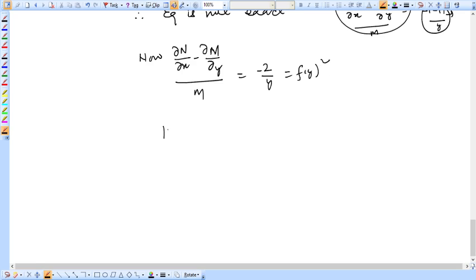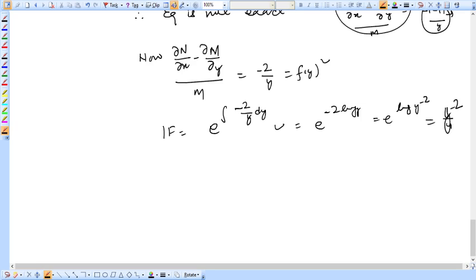Therefore the integrating factor is exponential of ∫(−2/y) dy, which is equal to exponential of −2 log y, which is exponential of log y raised to the power −2. The exponential and log cancel, so it is y raised to the power −2, which is equal to 1 over y².